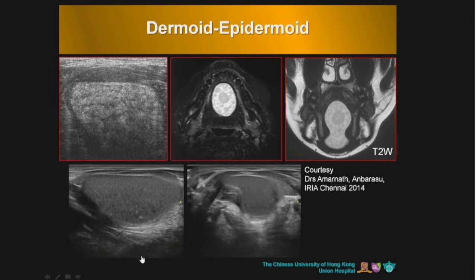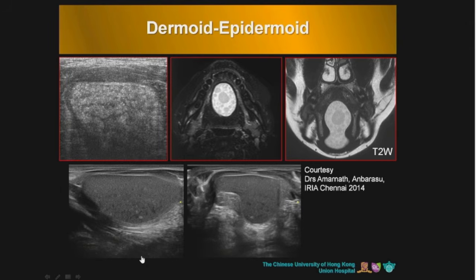Now, another thing you should remember, when we say congenital cyst, like an epidermoid or a thyroglossal duct cyst or a branchial cleft cyst or a thymic cyst, when you hear the term cyst, what it tells you is thin-walled, anechoic, posterior enhancement. It has been ingrained into us that all cysts are thin-walled, anechoic and with posterior enhancement.